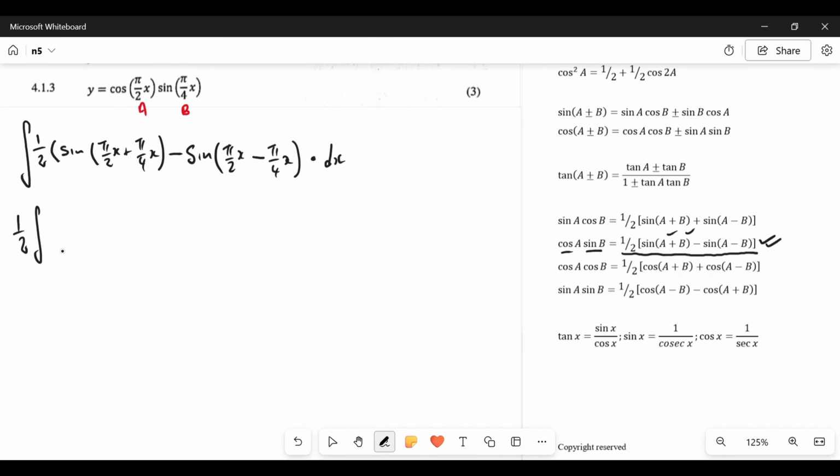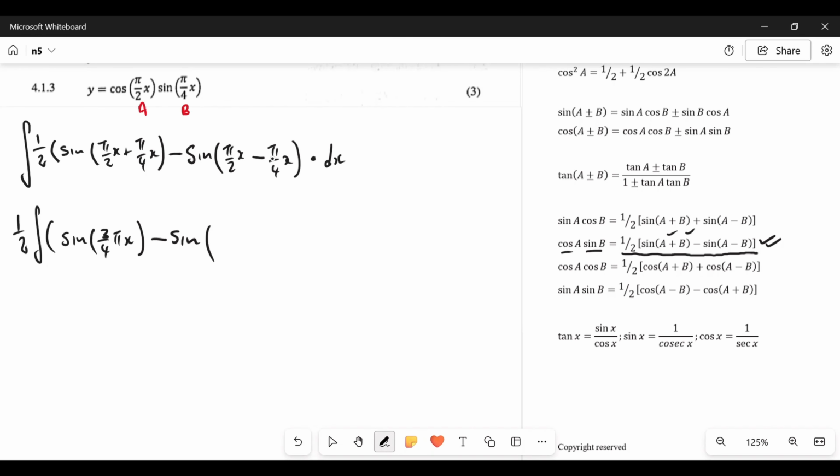So what do we have inside the bracket there? What is pi over 2 x plus pi over 4 x? So what I'm getting here is 3 over 4 pi x. There we go. Then I close the bracket there, minus sine. So this one here, we have pi over 2 x minus pi over 4 x.